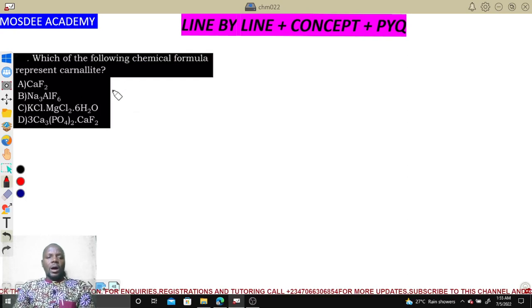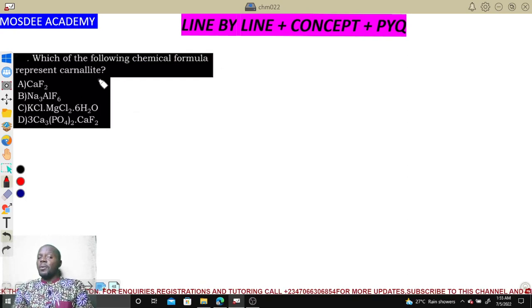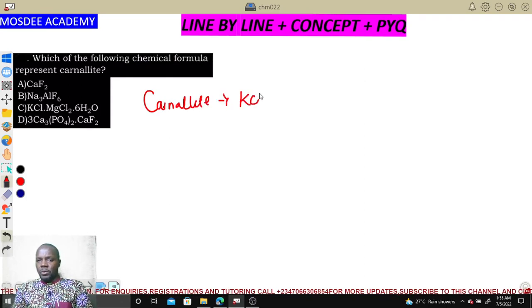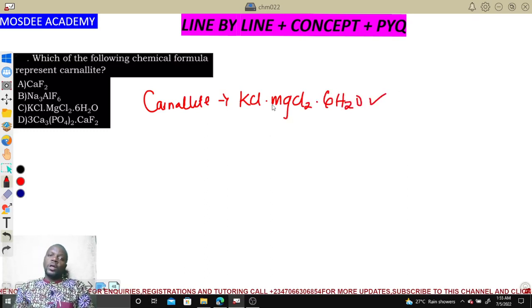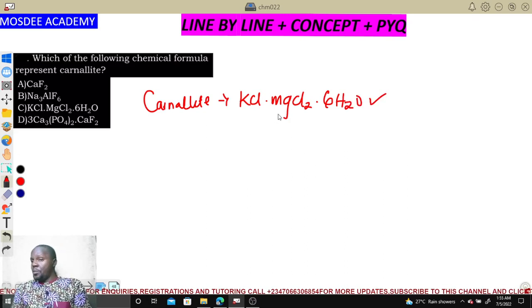Fine. Now, which of the following is a chemical formula for carnallite? Now, I can help you write. Carnallite is a mixture of potassium chloride and magnesium chloride with 6 molecules of water. This is what I told you. So it can also be sodium chloride and magnesium chloride. Be careful about it because in some cases you can see NaCl.